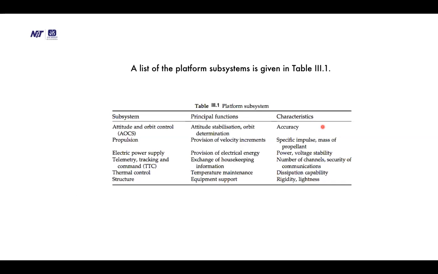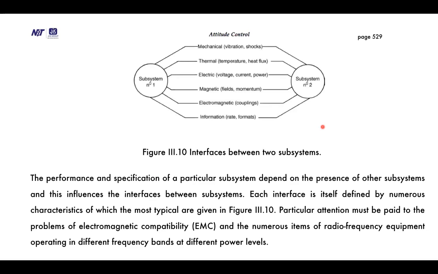So it is attitude control subsystem, propulsion, electric power supply, telemetry tracking, which we have already discussed in the earlier class, thermal control, structure, already discussed. And these are the interfaces between different systems.